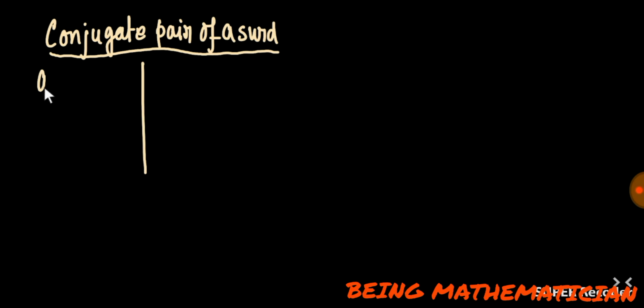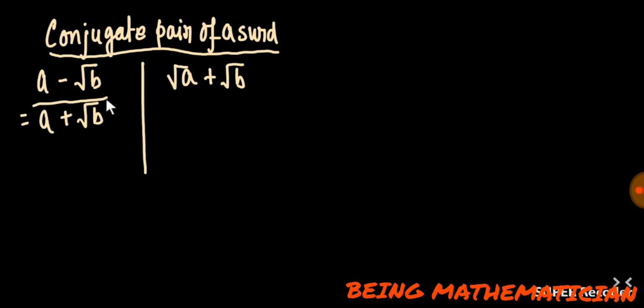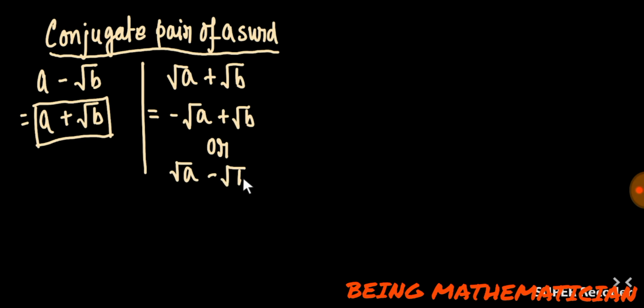One is a minus root b and another is root a plus root b. In the case of this surd, the conjugate pair is a plus root b, and in the case of this type of surd, the conjugate pair is root a minus root b.